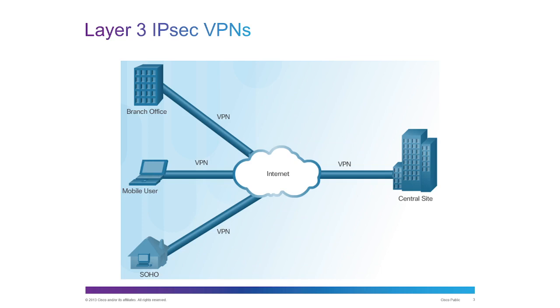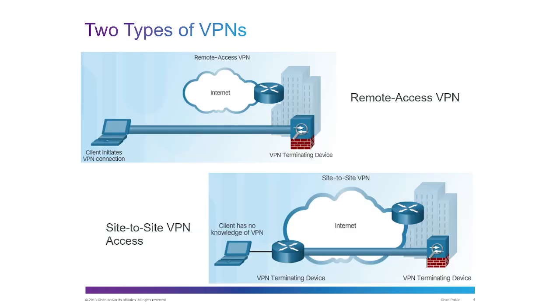Whereas a branch office, or sometimes even a small home office environment, or even business partner VPN connections, would more likely be site-to-site VPNs that are always active, with traffic always going through the VPN connection. So this is something we can establish depending on our needs.